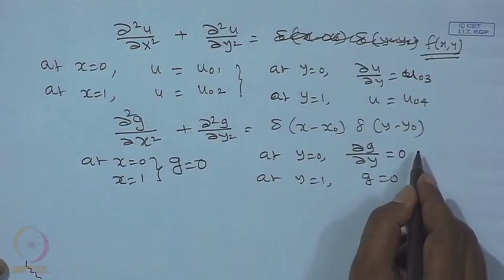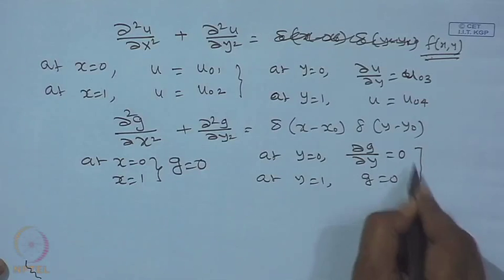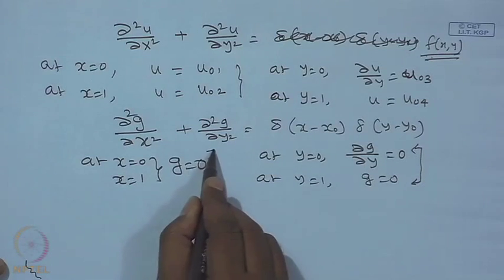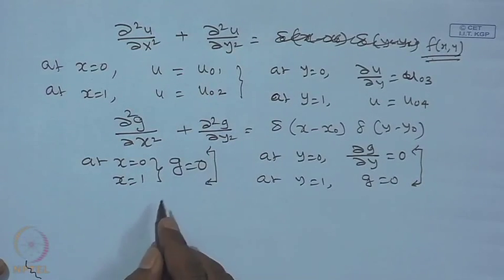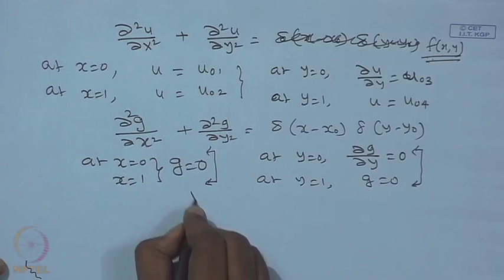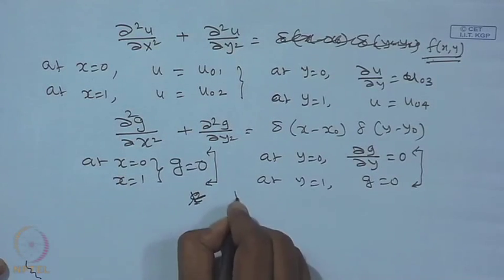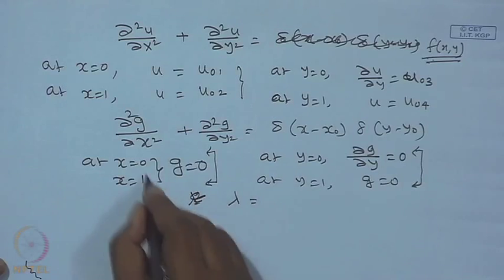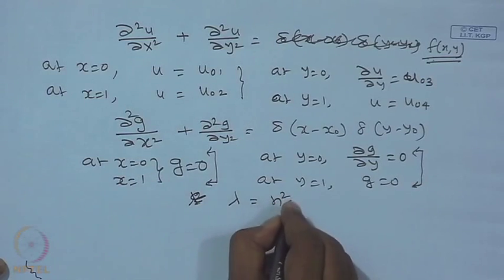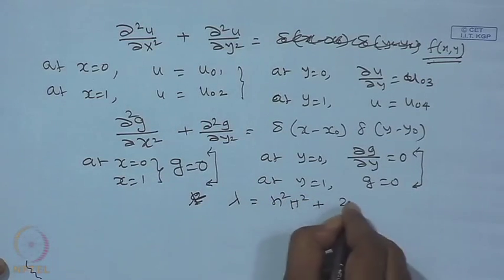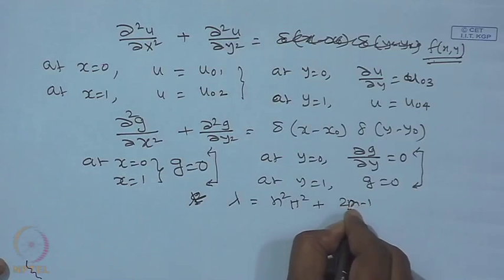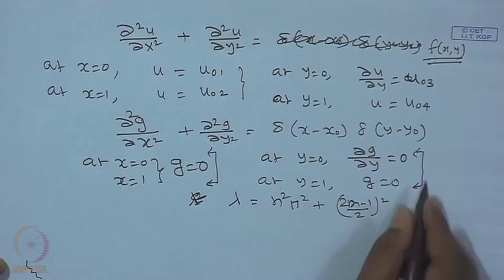Therefore, eigenfunctions in the y direction will be the cosine functions, eigenfunctions in the x direction will be the sine functions, and the eigenvalues will be n square pi square plus 2m minus 1 by 2 whole square pi square.